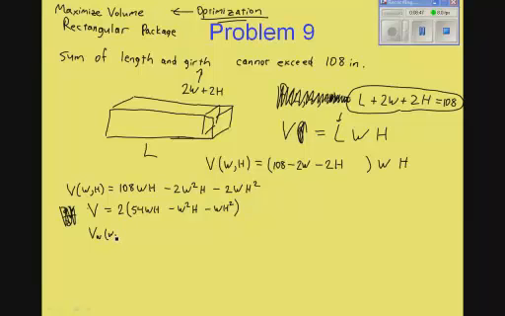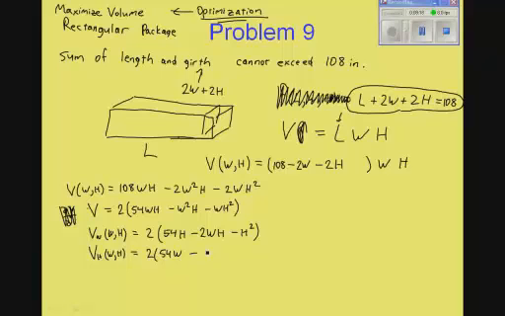That's the partial with respect to W, and that's going to be a function of W and H. So it's going to be 2 times (54H minus 2WH minus H squared). Right? And similarly, V_H of W, H is 2 times (54W minus W squared minus 2WH).